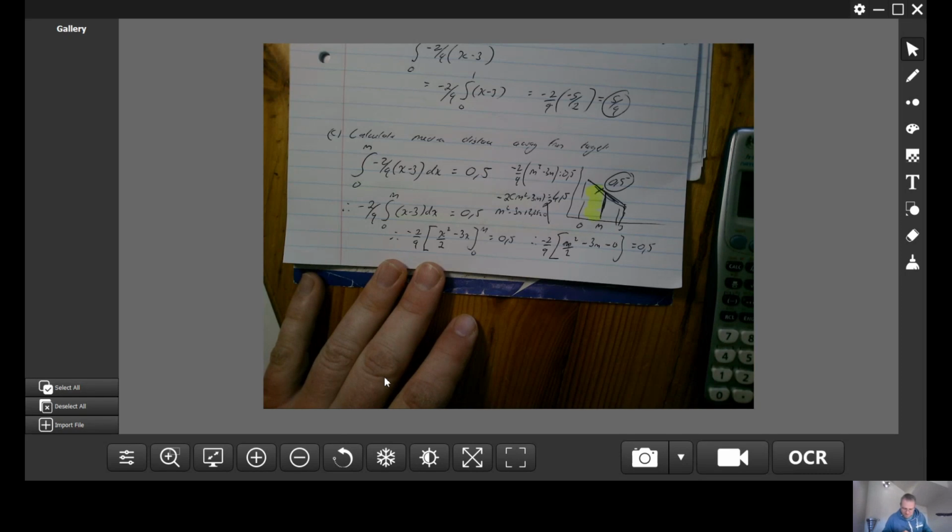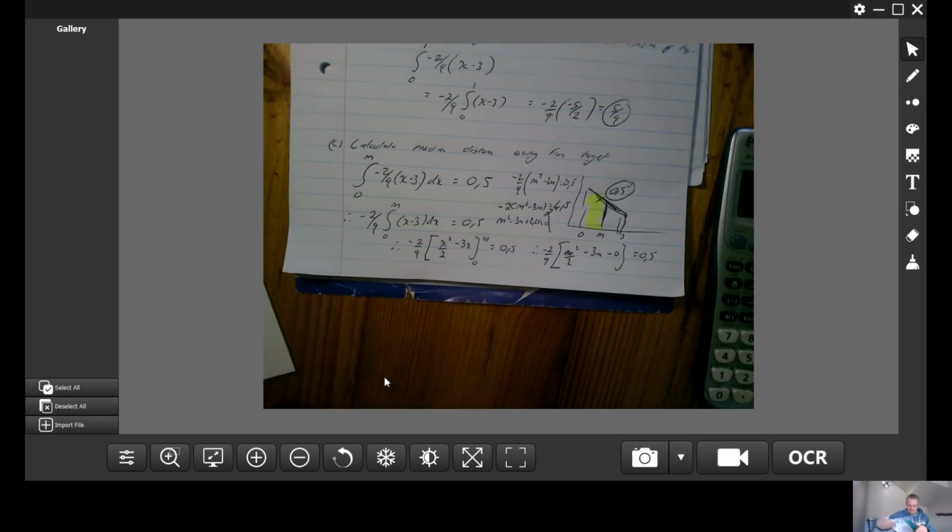So guys, never use the quadratic formula in AP. Always use your calculator. Let's just check if we're on the right track. Negative 2/9 times m squared over 2 minus 3m is equal to 0,5. Yeah, I think I'm on the right track.